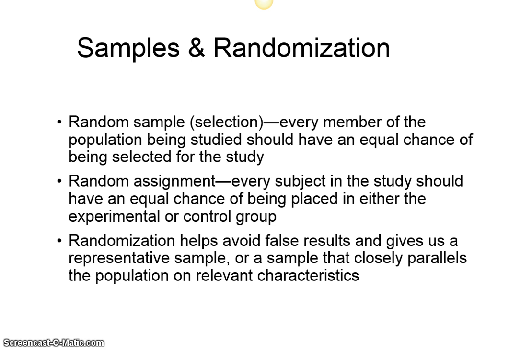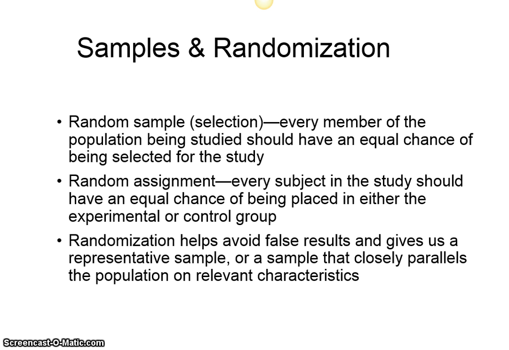For example, if I wanted to study the way college students at Front Range Community College study for a Psychology 101 exam, I might put the name of every student enrolled in Psychology 101 in a hat, shake up the hat, and randomly pull out 100 students.